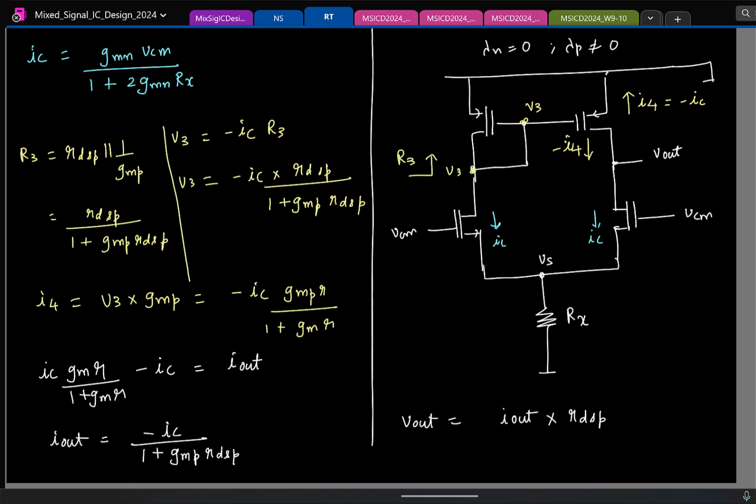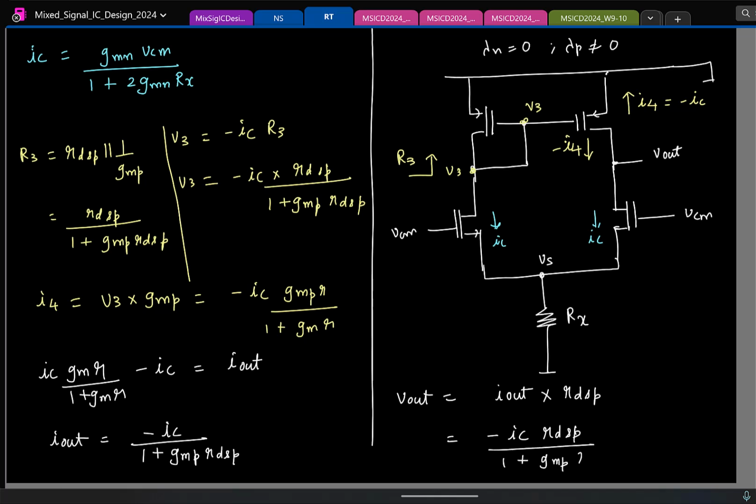Let's write it. This is going to be minus IC into RDSP. It's a bit messy, but hopefully the point came across. Is this okay?